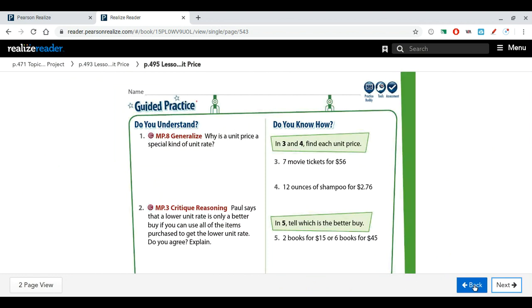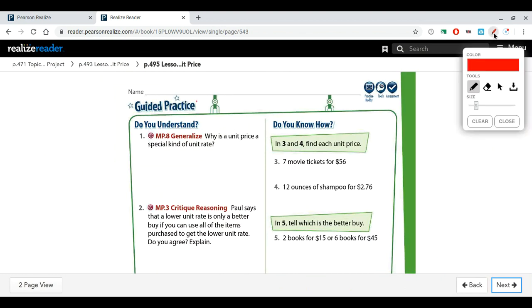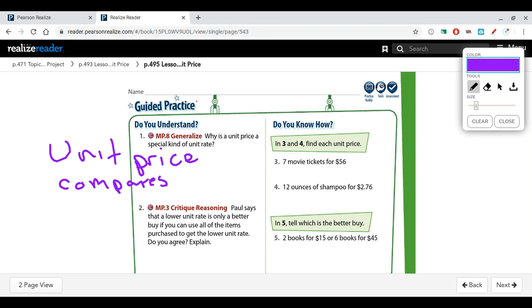All right, take a look at your guided practice. So if we look at number one, why is unit price a special type of unit rate? So instead of comparing two unlike things, unit price compares items with prices. Unit price compares items to dollar amount.